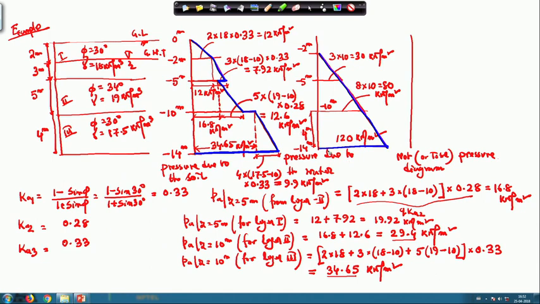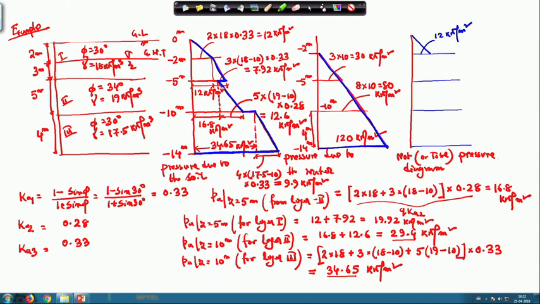Now, if I draw the net one, the total pressure distribution diagram, so for the first top one as usual it will be 12 kilonewton per meter square.